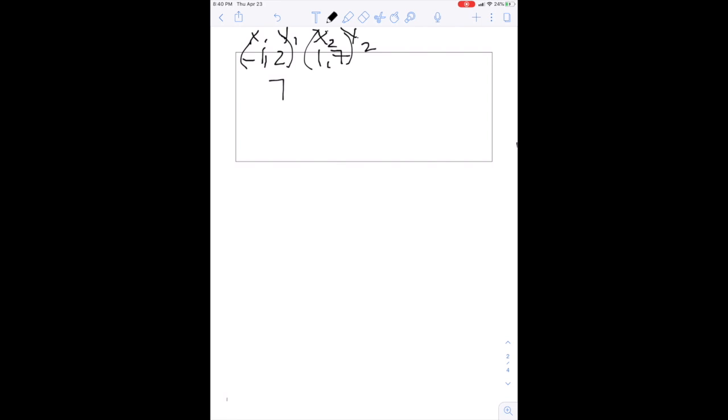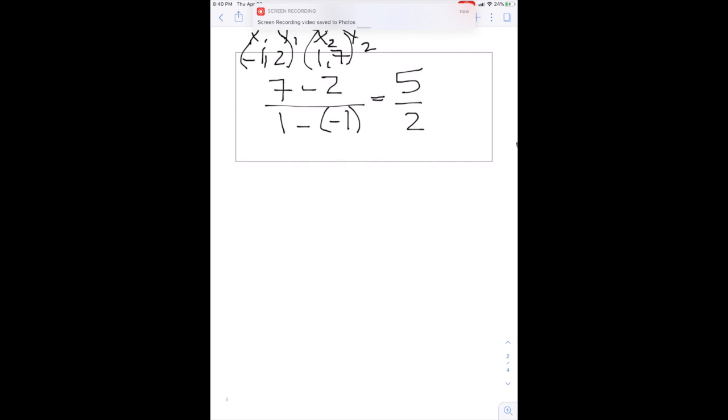Okay, so I'm going to take my 7 minus 2, following the formula, and 1 minus negative 1, which gives me 5 over 2 equals the slope.